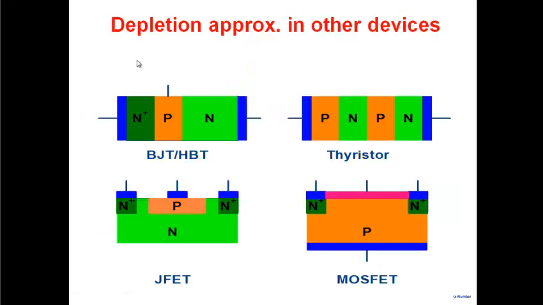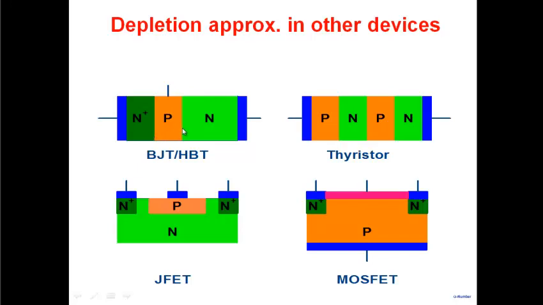Now, the depletion approximation is not just made in the PN junction. Of course, it is involved in all the devices which have a PN junction, and I'm just showing you a couple of them. In a bipolar junction transistor, there's a junction here and a junction here, so we make depletion approximations in both to find out what the depletion widths are.